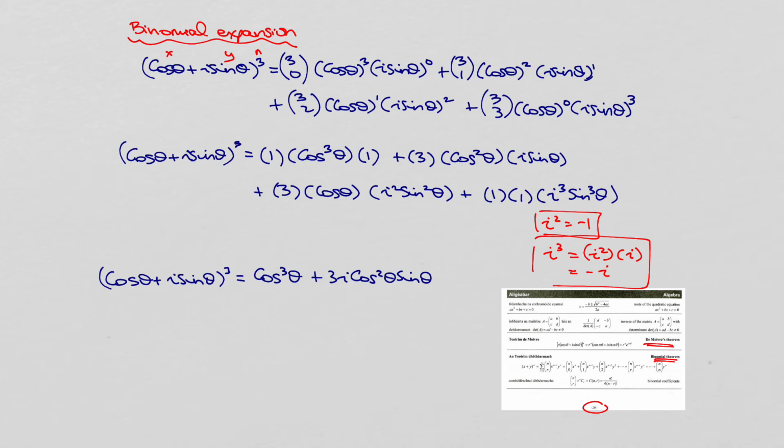So I'm just using i as a coefficient there. And then we're going to have minus 3 cos theta sine squared theta, and then minus i sine cubed theta. So this is the second way in which we can write (cos theta + i sine theta) cubed.